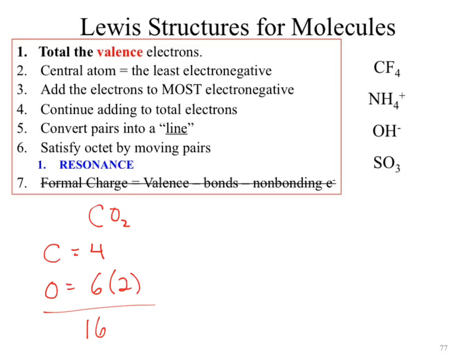Next rule, pick the center atom. Your center atom is the least electronegative that can bridge. Right? This is where knowing your center atom or your electronegativities can help. Which is lower in electronegativity, carbon or oxygen? Carbon, which means carbon is the center atom.